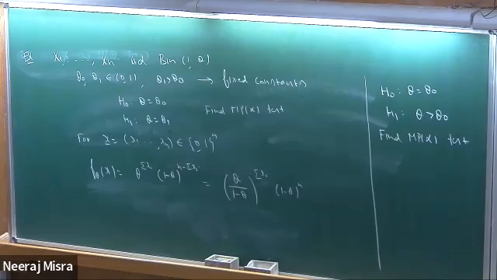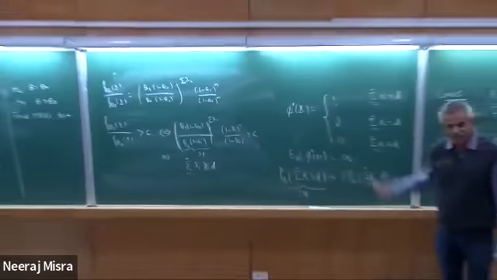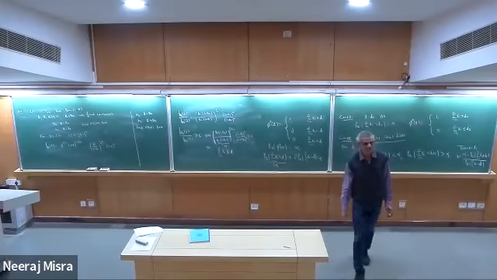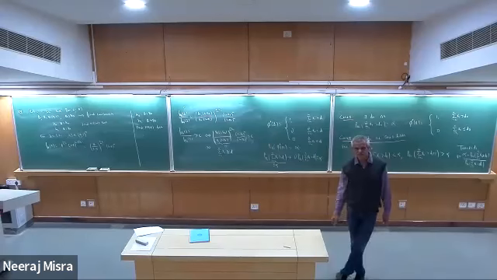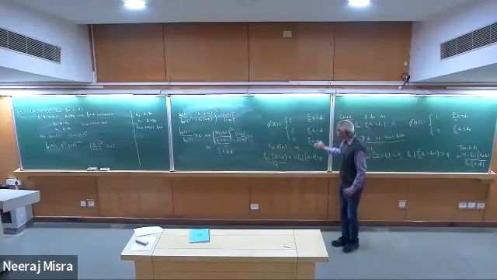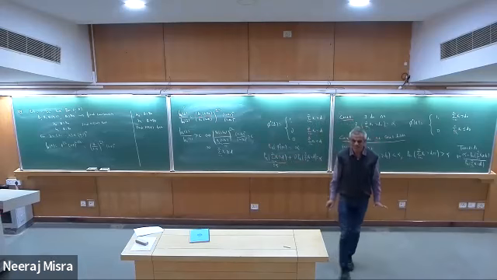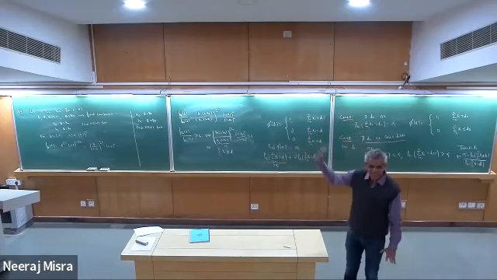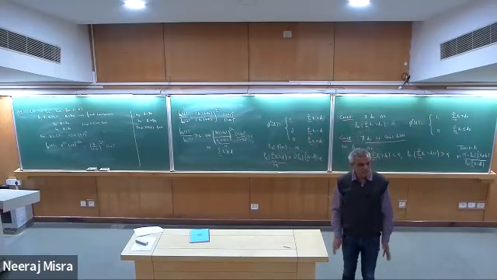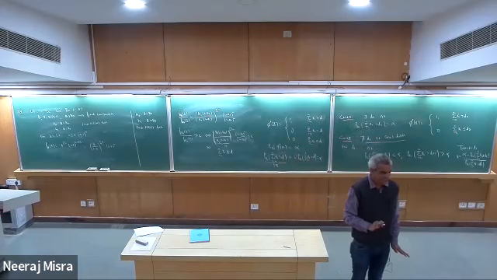Now, this test depends on the choice of D and gamma, right? There's nothing else in this test because the observations would be given to you. And how are D and gamma chosen? They are chosen by theta naught, and my theta naught is still fixed. So irrespective of which theta 1 you take, as long as it is bigger than theta naught, your power would be maximum.